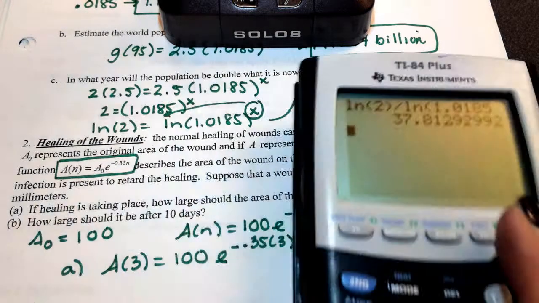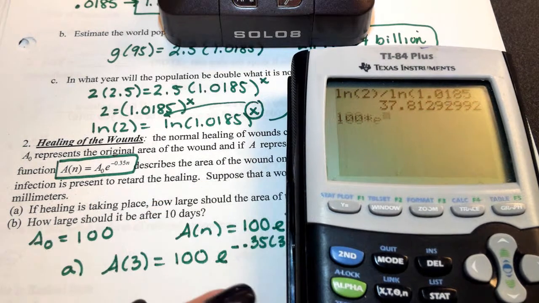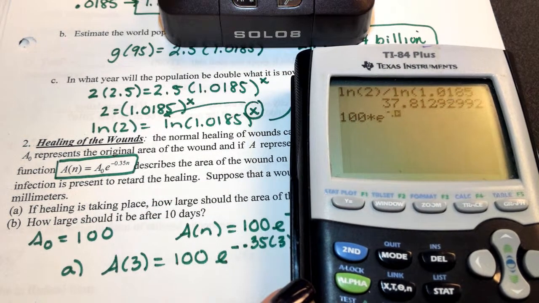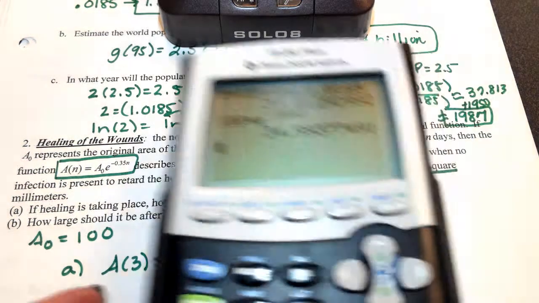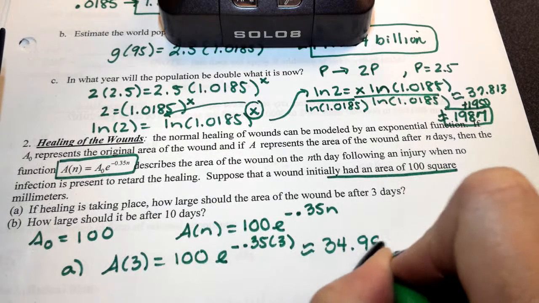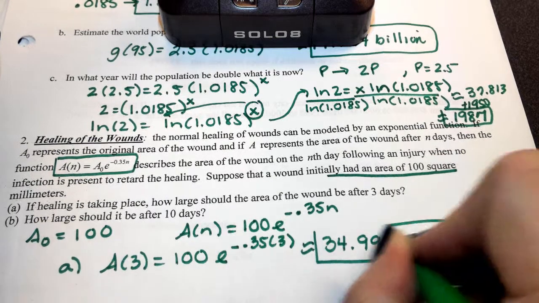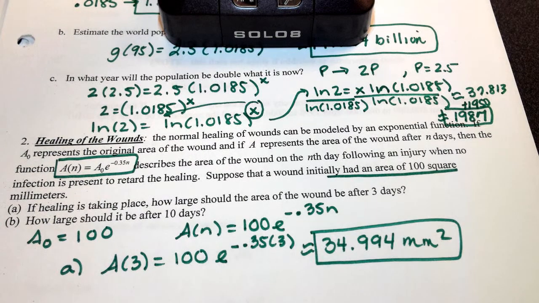Smaller. So I end up with about 34.994 square millimeters. So any questions on part A?